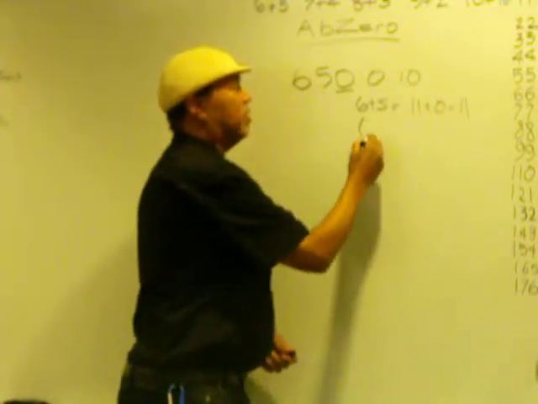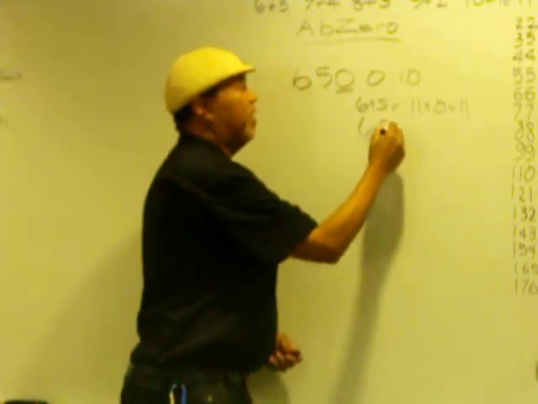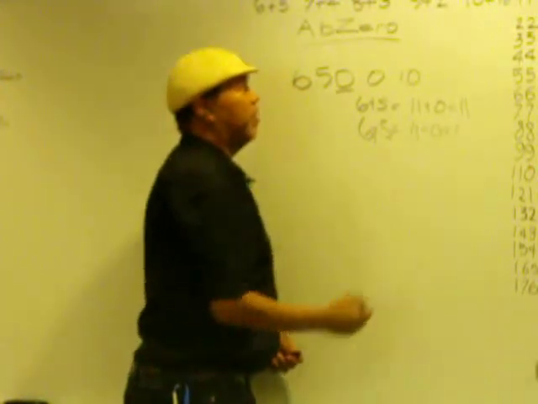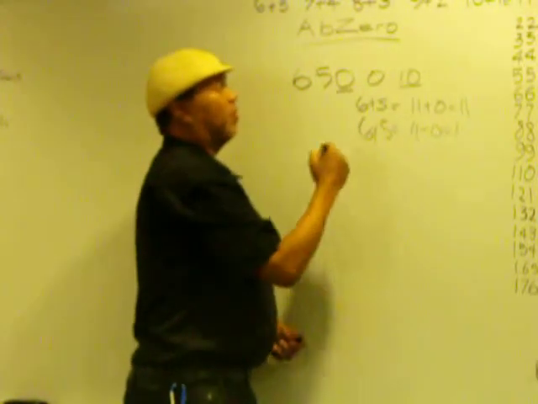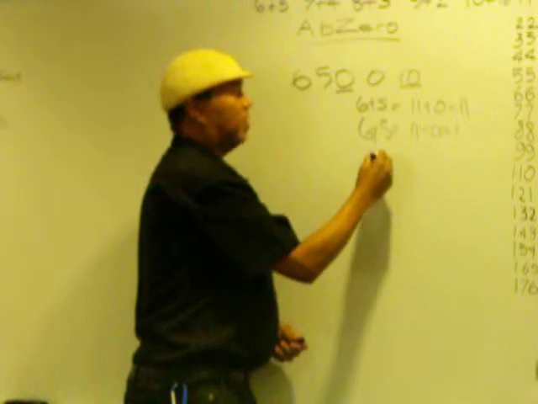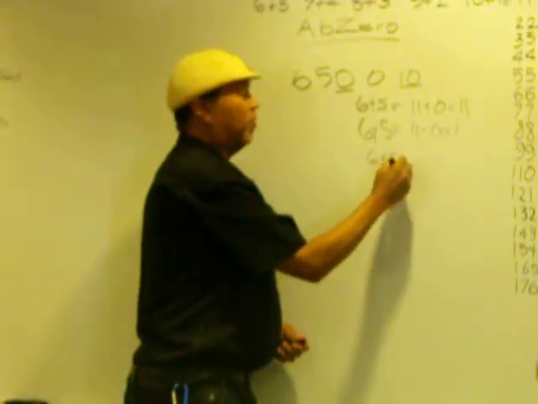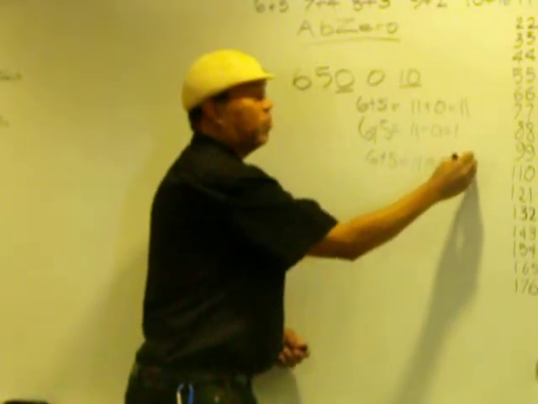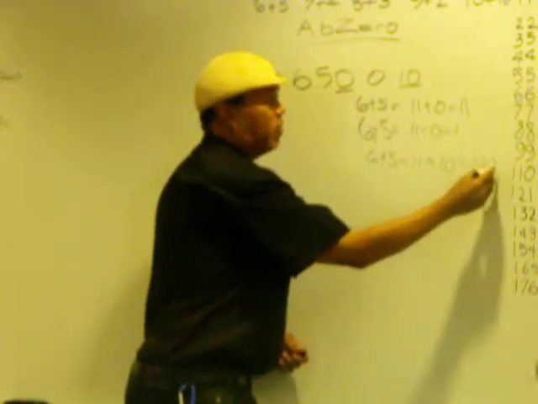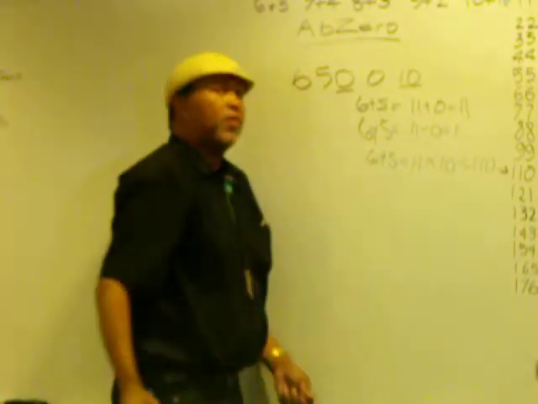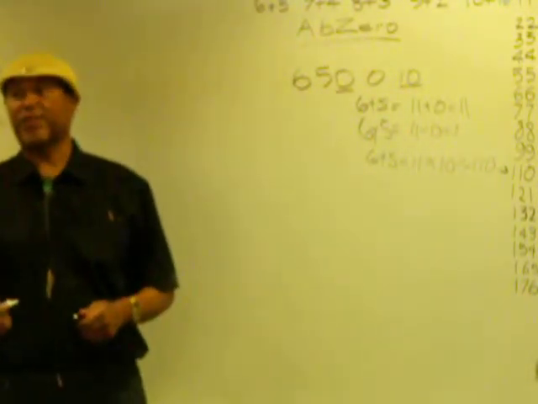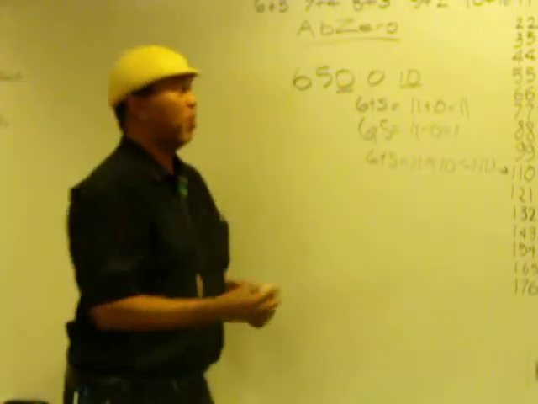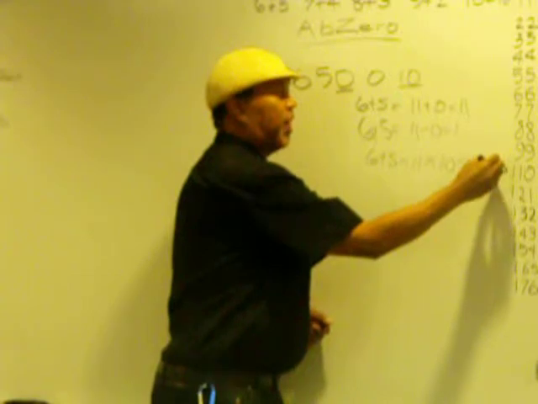Same thing with 6 plus 5 equals 11 minus 0 is still 11. But what if we want to use the 0 as a 10? 6 plus 5 equals 11 times 10 equals 110. And that corresponds with the answer right there. 110 is a multiple of 11, and therefore it's a solution. And we always mark a solution with a little star on it.